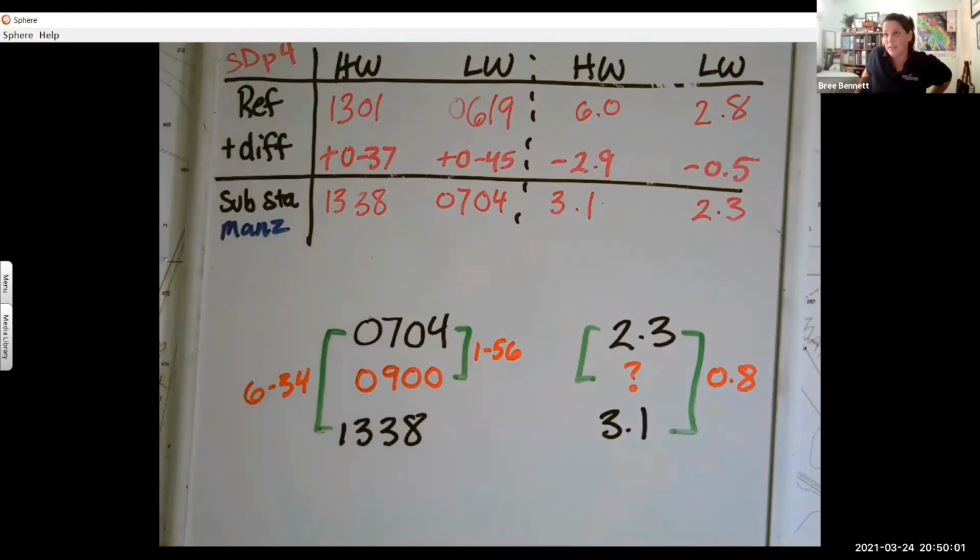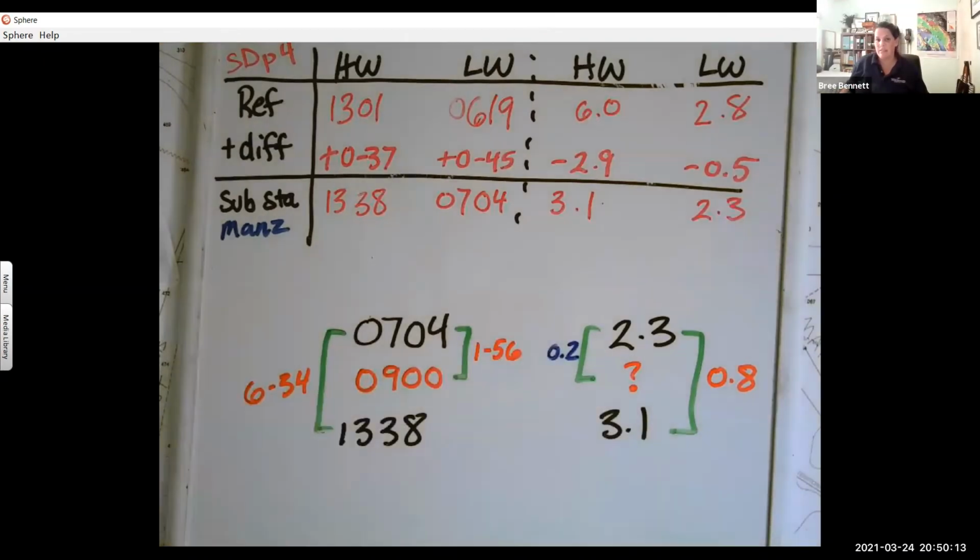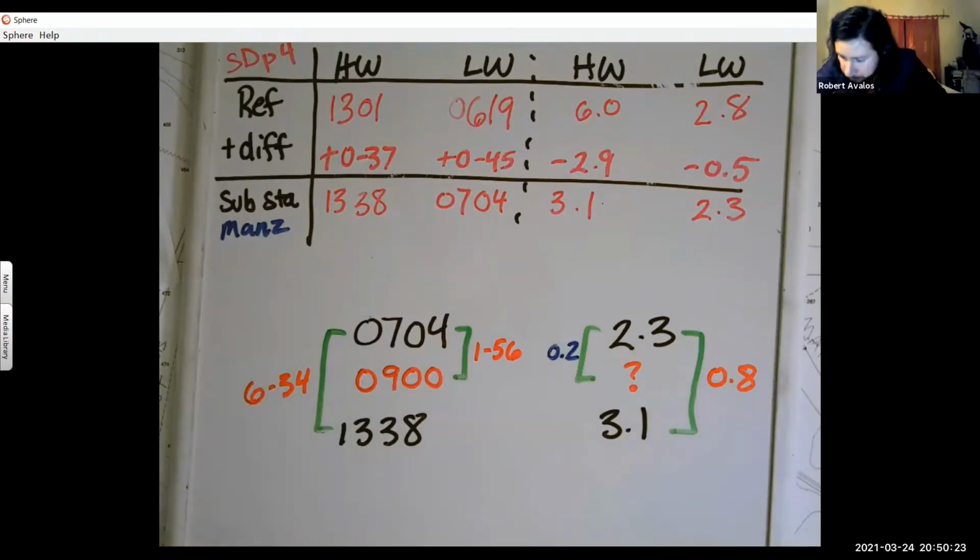So what correction did you guys get? 0.2. And now we're going to add or subtract it. Add it.